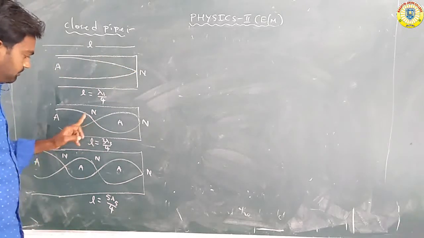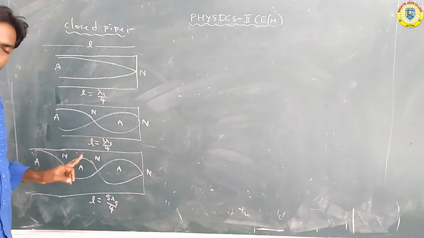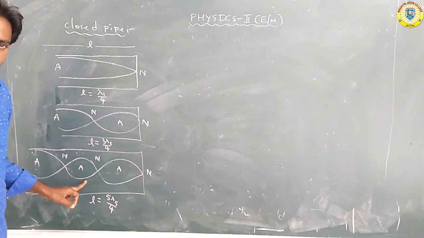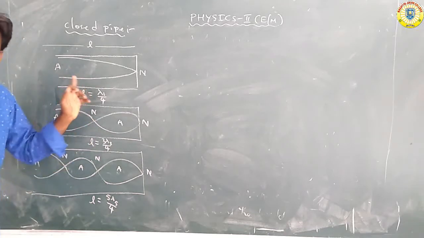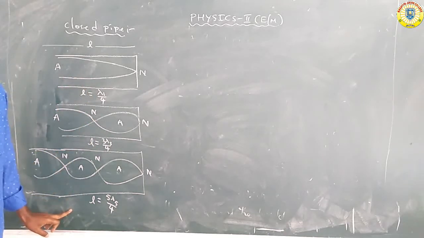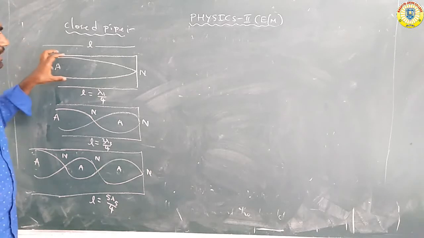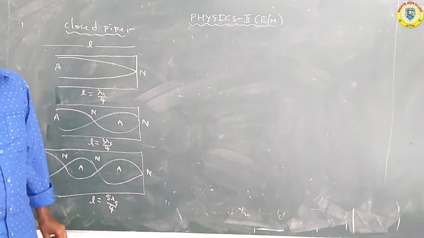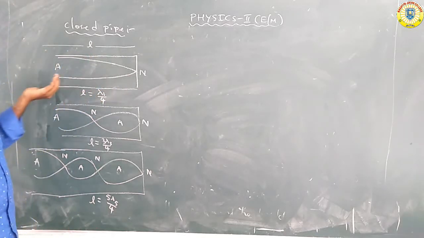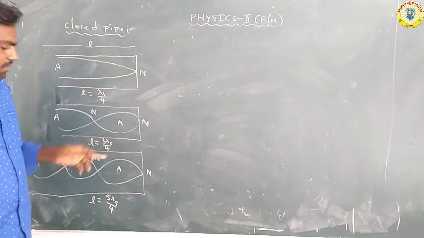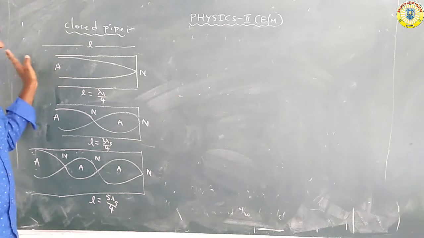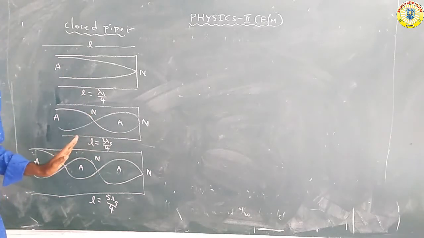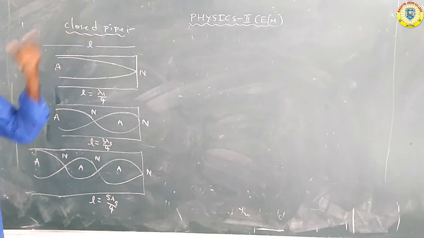So the incident wave and reflected wave are traveling in opposite directions and overlapping each other, producing stationary waves in a closed pipe. So overlapping these positions, this pattern of stationary waves is formed in a closed pipe.